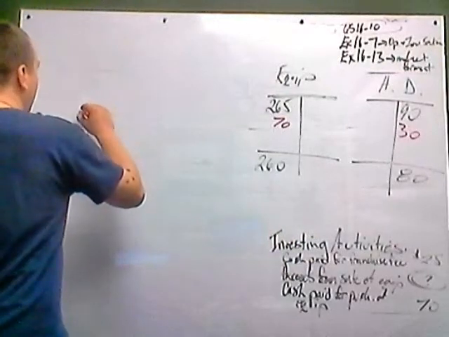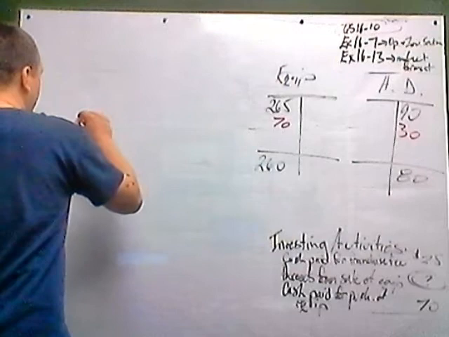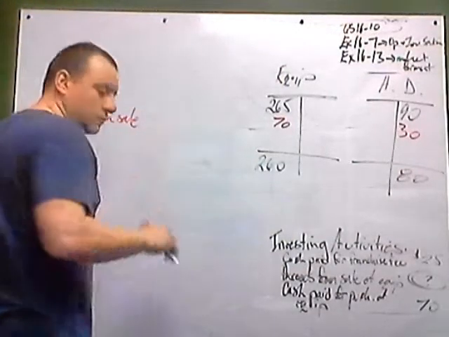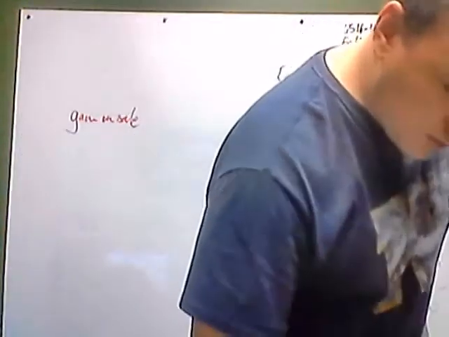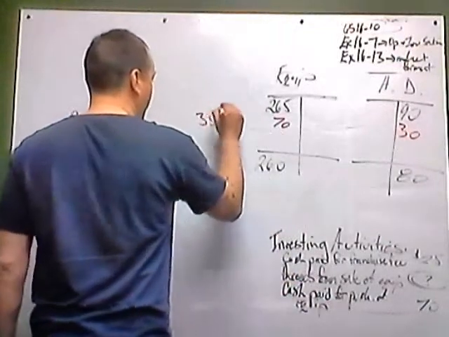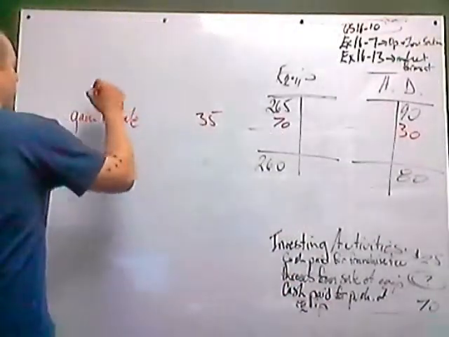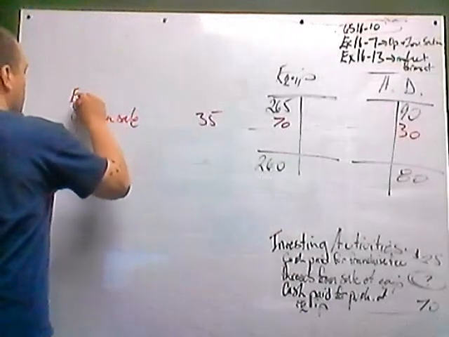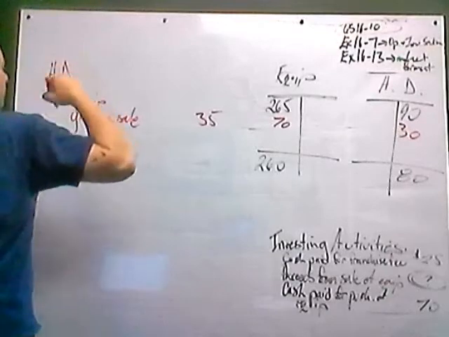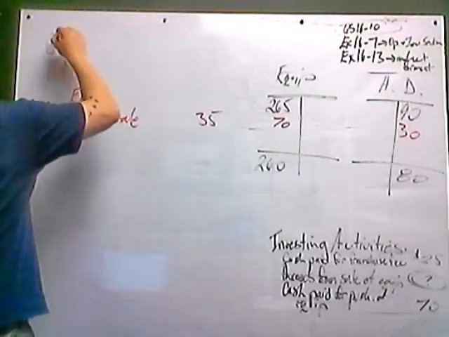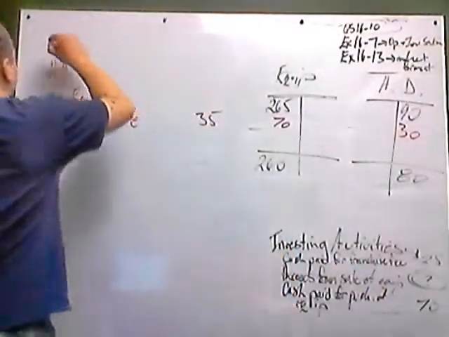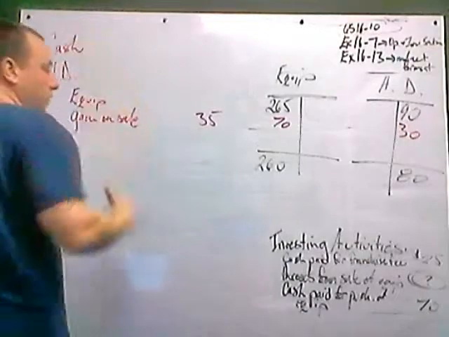So the gain on sale is going to be $35. Well, we know we sold equipment, so we're going to have to remove that, our accumulated depreciation related to that equipment, and then our cash that we received from the sale.